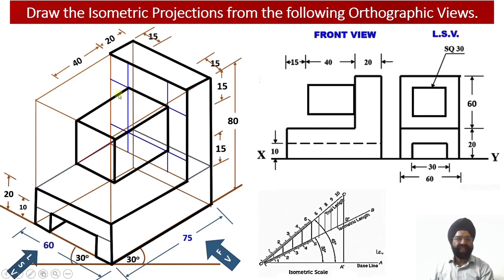Similarly, this edge corresponding to the 40 millimeter length of this particular square web is visible. This length of the edge is visible, and similarly this edge length is also visible, whereas the front square face of the square web will also be apparent to the observer. It will be visible to the observer. So this also has been darkened over here.